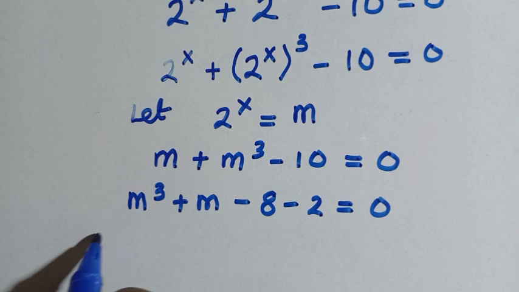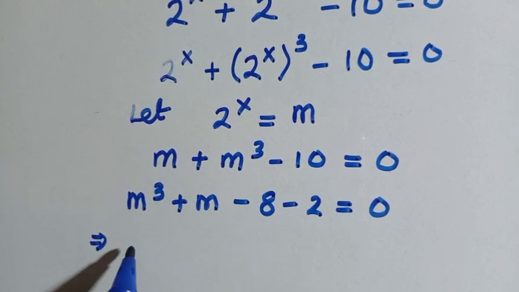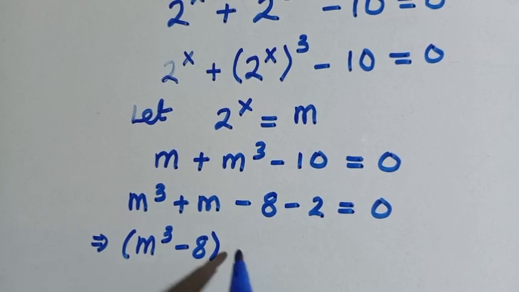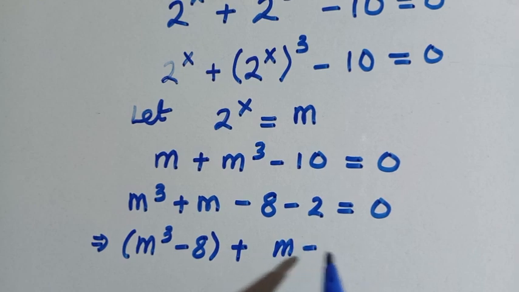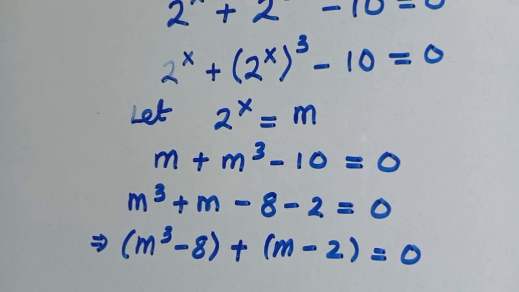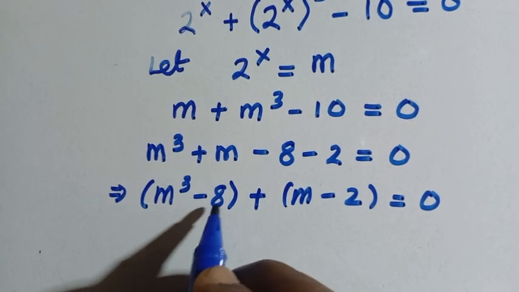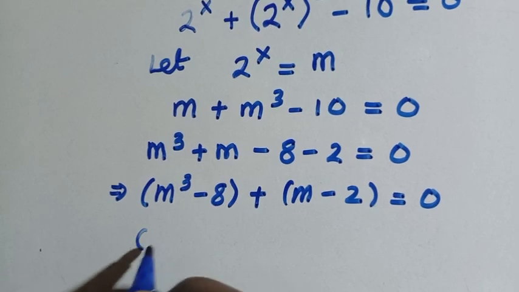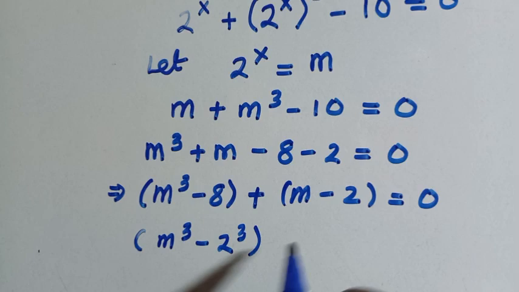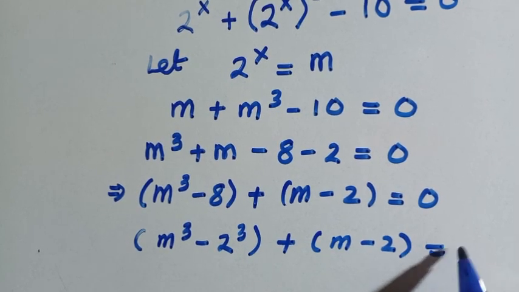In the next step, let's combine m raised to power 3, so we have m cubed minus 8 plus m minus 2 equals 0. So we have this as a cubic equation. We are getting 3 values. So let's write 8 in exponent form. Here is m cubed minus 2 cubed plus m minus 2 equals 0.